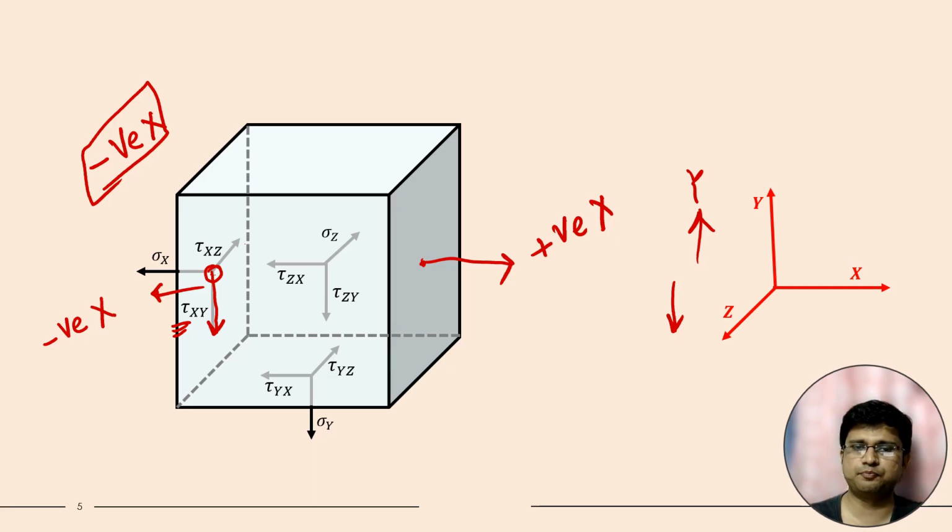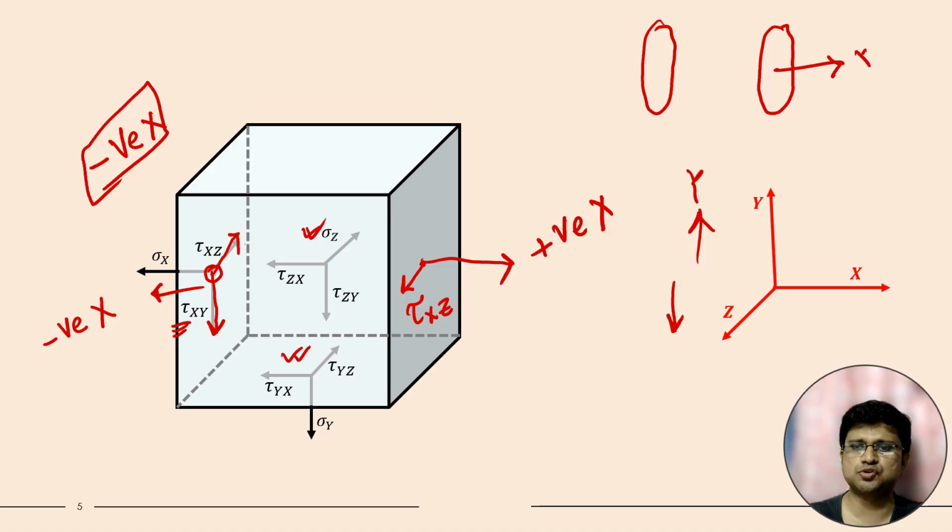Like for tau xz, for the positive plane the direction of tau xz was this. But for the negative plane, the direction will be opposite of this, and it will be like this. Similar for these two planes also; the logic is similar. So what I am trying to say is, for these two planes, one is the positive x plane and the other is the negative x plane.